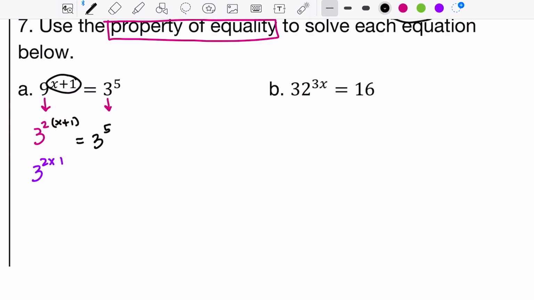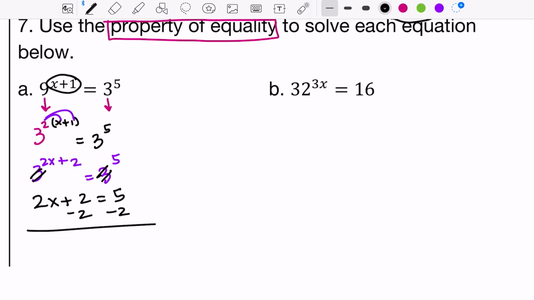Right there, when I distribute, this is 2x plus 2, not 2x plus 1, because that 2 gets multiplied to both the x and the 1. Those bases are irrelevant. And then we're just going to solve this part. Just reversing everything to isolate the x. So we get x equals 3/2.